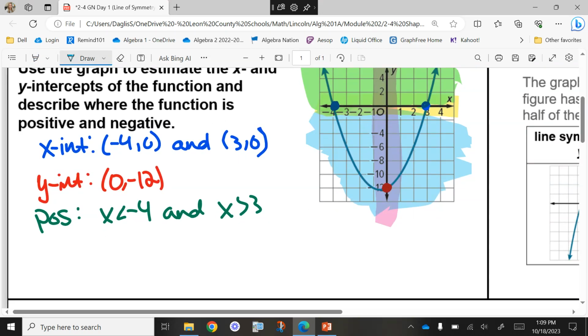So we are negative when we're in between negative 4 and 3. Negative 4, x, and 3. So when x is in between your x-intercepts, that's where it's dipping down. Or sometimes it'll be popping up above.